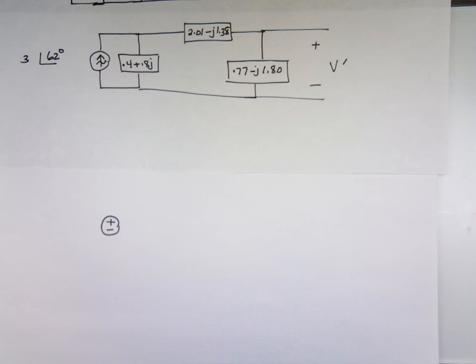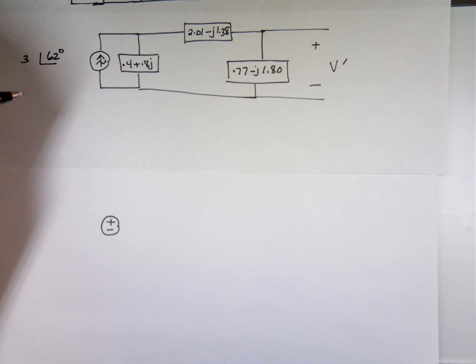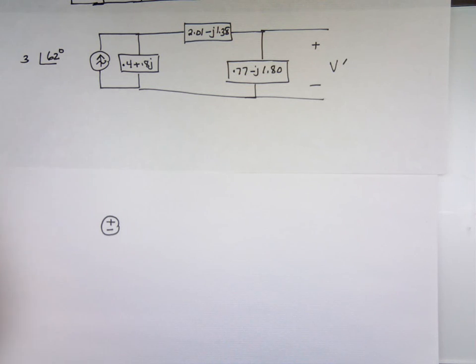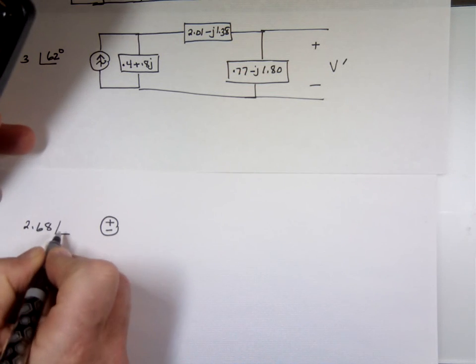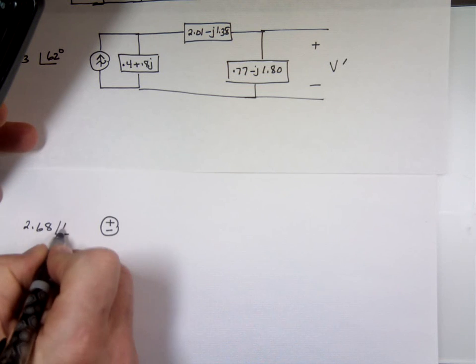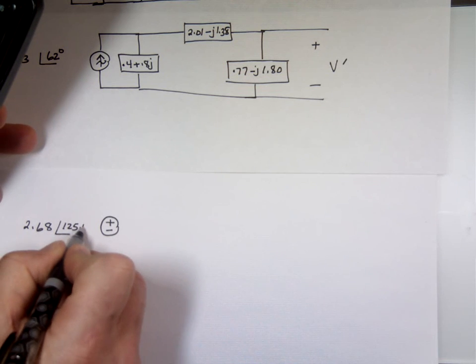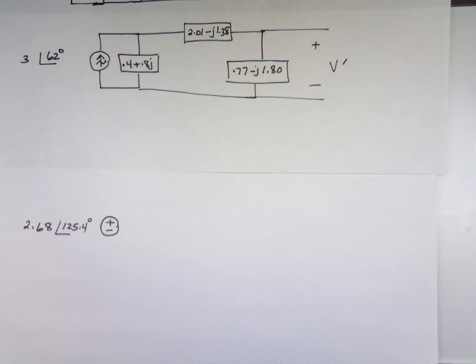This will be a source. Let me switch it to polar, I don't like this mode. And this will be 2.68 angle 125.4. On the top, this resistor will go on the top.